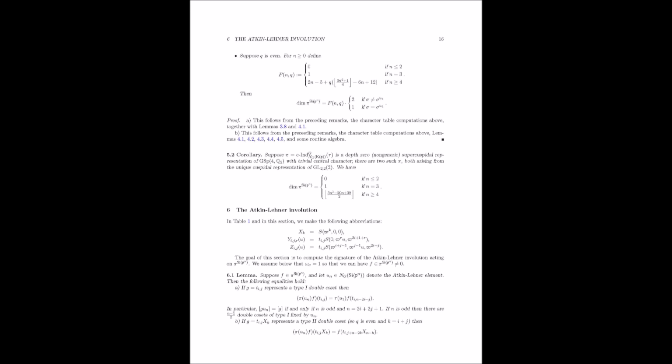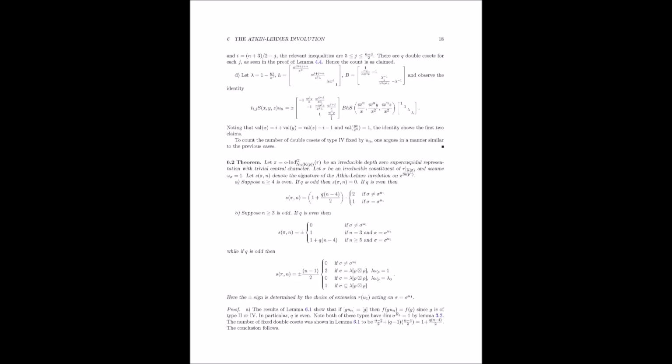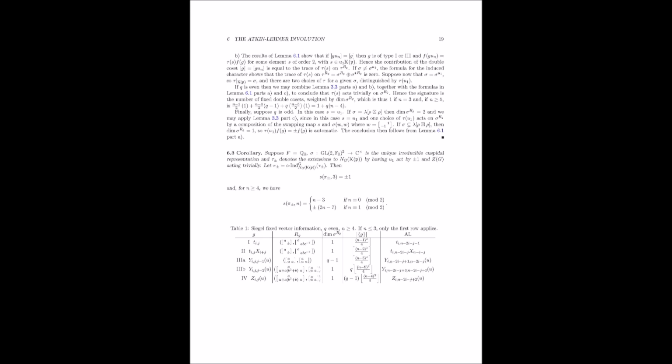These expressions are getting pretty complicated. They are, but hang in there. Type 3' double cosets are also represented by y_{i,j,r,u}, but there's an extra condition: j + r has to equal 2. Oh, so an extra constraint. Yeah, this limits the possible values of i, j, r, which means you get a different count for the number of type 3' double cosets. So both type 3 and type 3' involve these y_{i,j,r,u} elements, but with different rules.